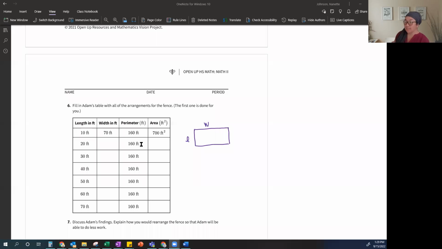So in this case, it's going to be 80, right? And that has to do with your P equals 2L plus 2W kind of deal. So if 160 equals 2L plus 2W, that also means that I could just look at L plus W is our 80, right? Just dividing the whole equation by 2. So that means that all of these numbers here, Miss Johnson, they're just going to add up to 80.